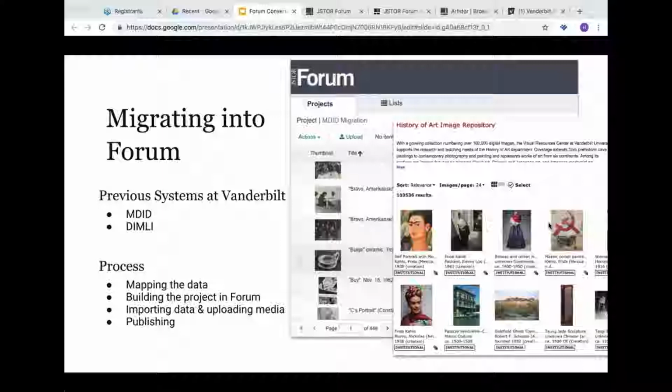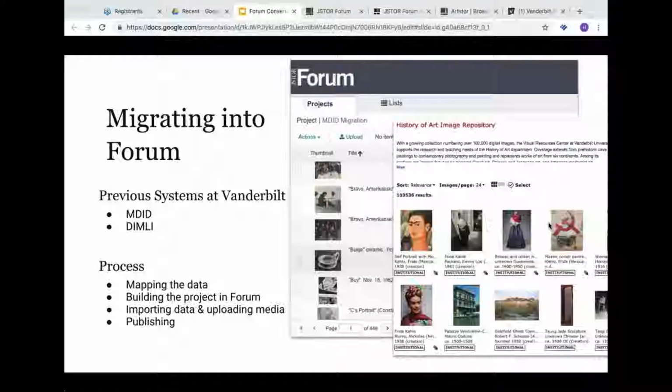Usually people say gold records, but I think having the two sides of that coin is important, because there's always this aspect of post-migration work that I want to be visible early on, so we can talk about how I can help alleviate that work, and how you might strategize cleaning it up yourself. In the case of Vanderbilt, I think we used what Shelby found, because she knew the difference between MDID and DIMLY data and what would be best for the scenario. I don't know if you'd want to speak to that.